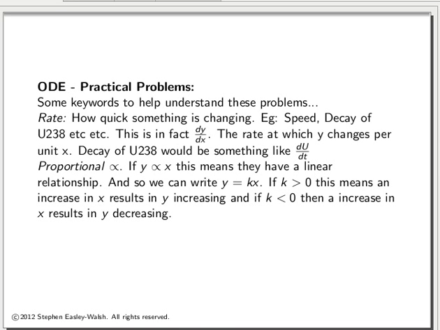Are we happy with that? So that's all the key ideas. This, with what we did yesterday, will give us whatever we need to solve the problems: the idea of rate, proportional, and the sign.